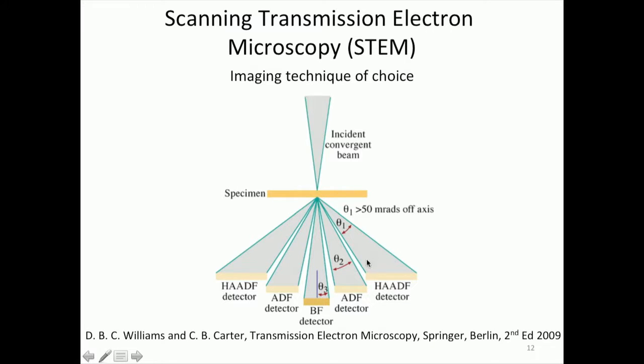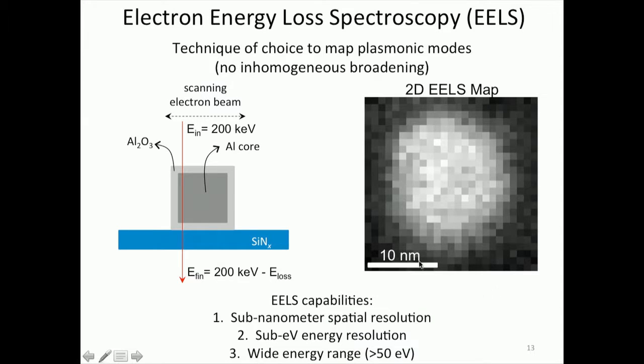If you collect the signal from this high-angle elastic scattering, you can use the high-angle annular dark field detector and get quite high-resolution images. We're going to use those signals to image our structures. And in order to collect the electron loss, we're going to collect more towards the center of the optical axis. As I told you, we're going to use electron energy loss spectroscopy to map the surface plasmon modes.